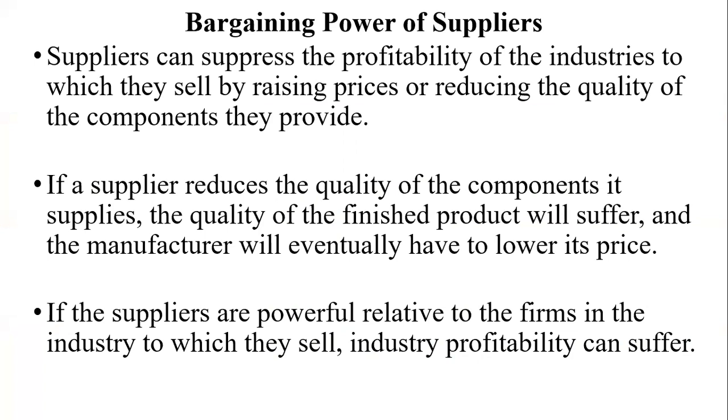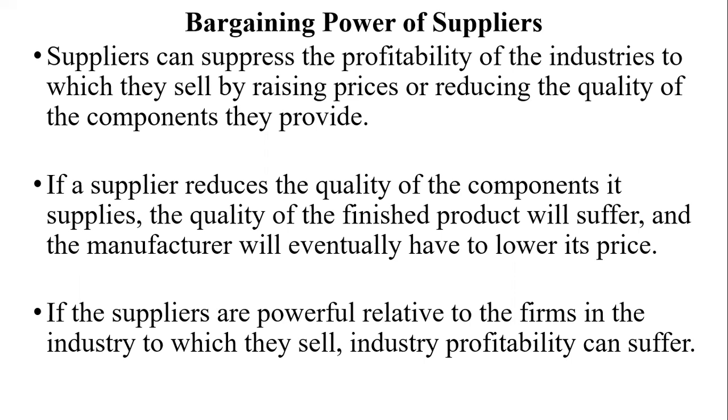Now, the fourth competitive force which we are going to look at is the bargaining power of suppliers, the suppliers that provide services to the industry players. What sort of power do they command in the industry? That is what we are going to look at.